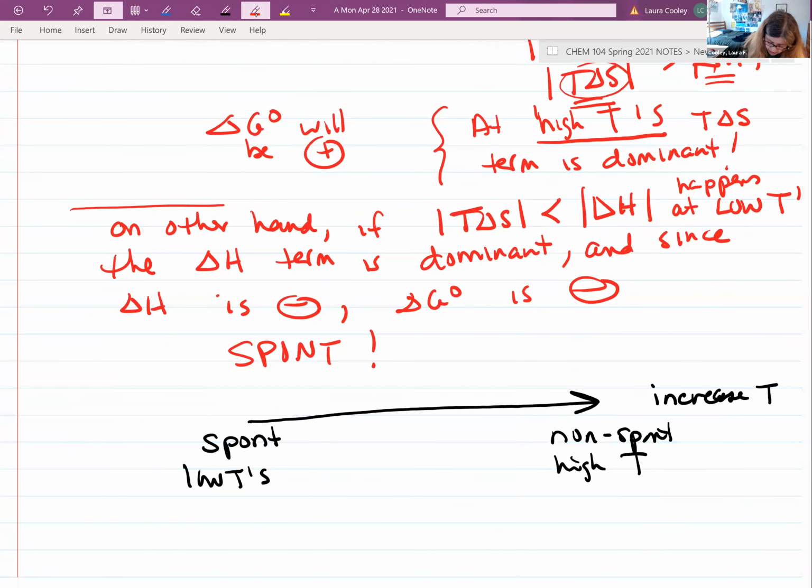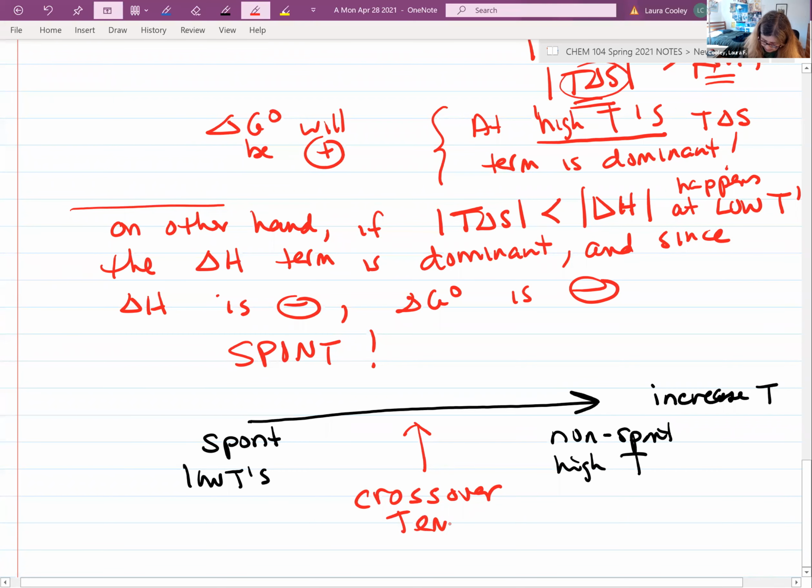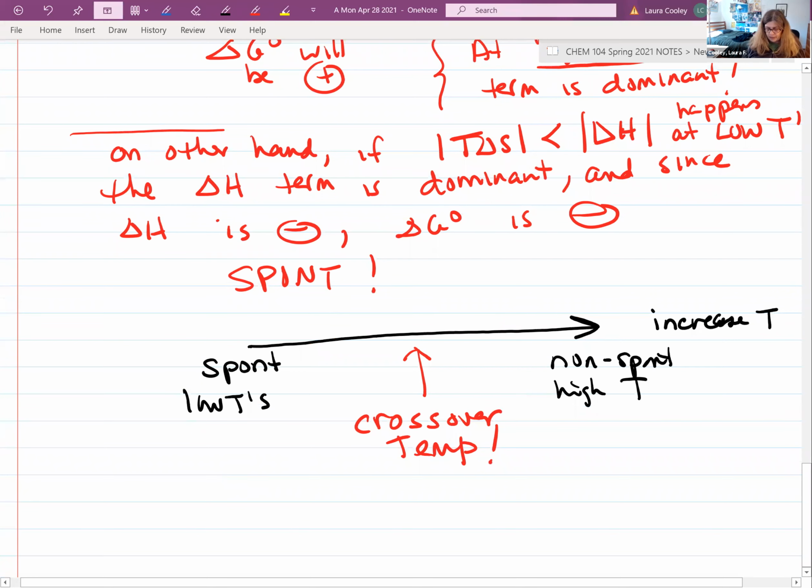So there's going to be a temperature somewhere in here, which I call the crossover temperature. There's going to be some temperature where the reaction goes from being spontaneous in this case to being non-spontaneous on the other side.